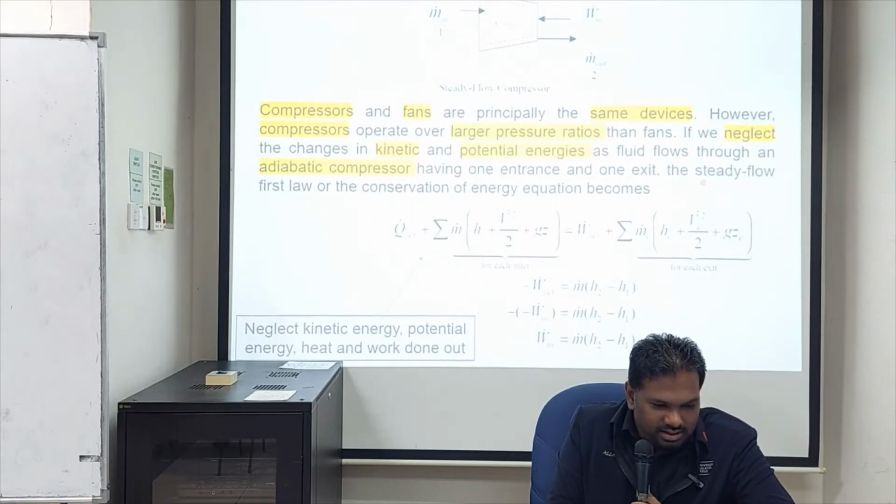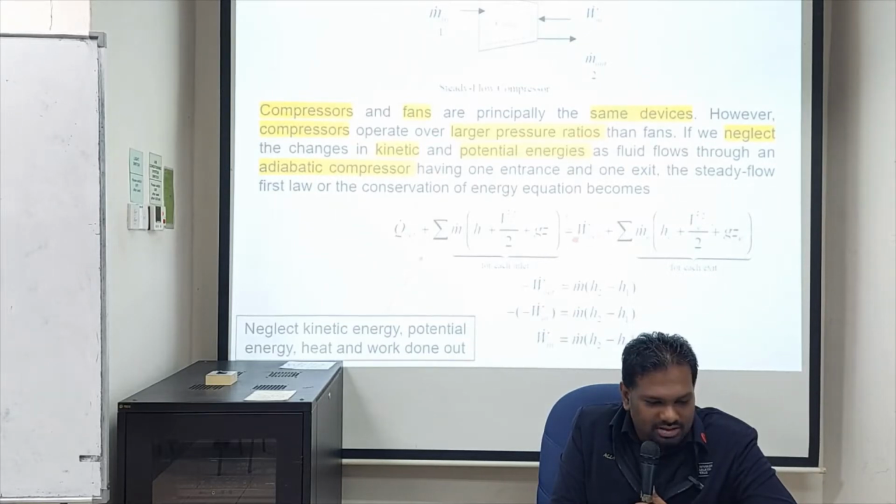Dalam case ni apa yang kita neglect. If we neglect the changes in kinetic, meaning the second part yang ada V square ni akan jadi kosong. And potential energy become 0. GZ become 0. Kemudian adiabatic, so meaning Q net and also work out akan jadi kosong.